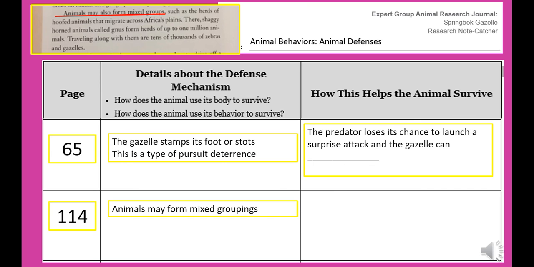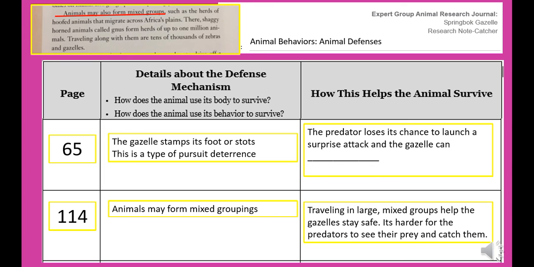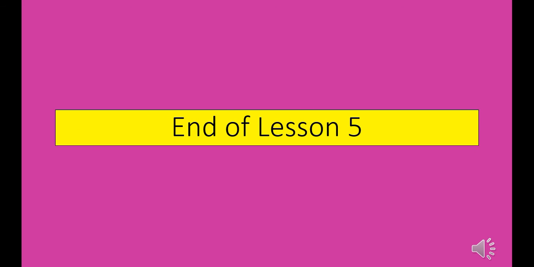And because it's hard, there's so many of them, predators probably stay away from them. Pause the video now so that you may have time to complete this in your research journal. End of Lesson 5.